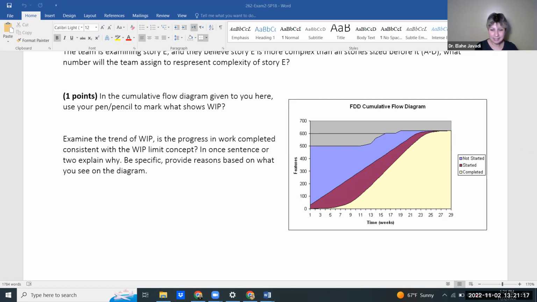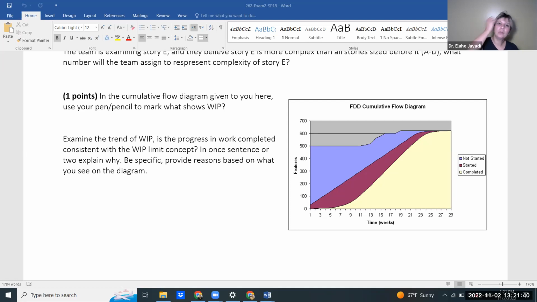So class, this question is trying to understand if this team knows what WIP limit is, work in progress limit. That's a foundational idea in agile projects, and the premise here is that you don't want to overwhelm your teams by putting so many items in the work in progress column.